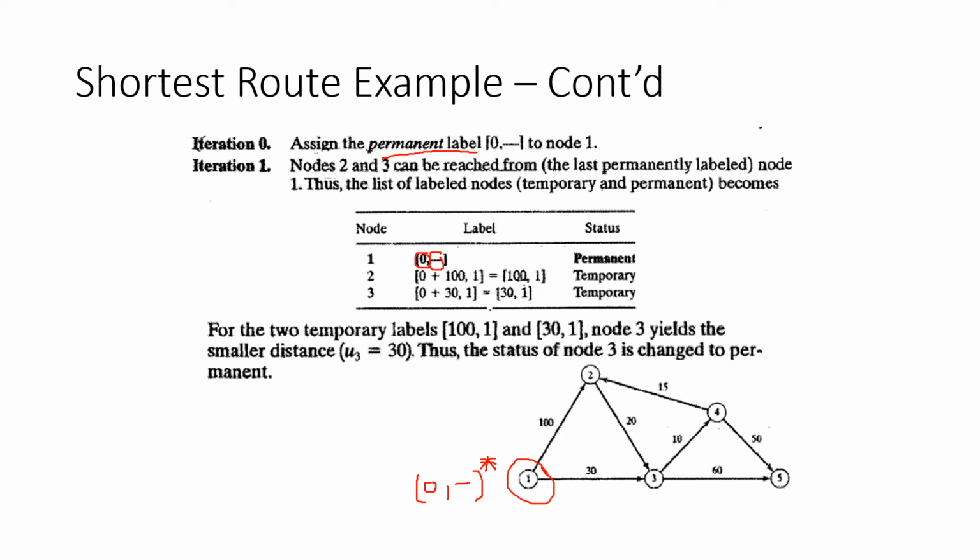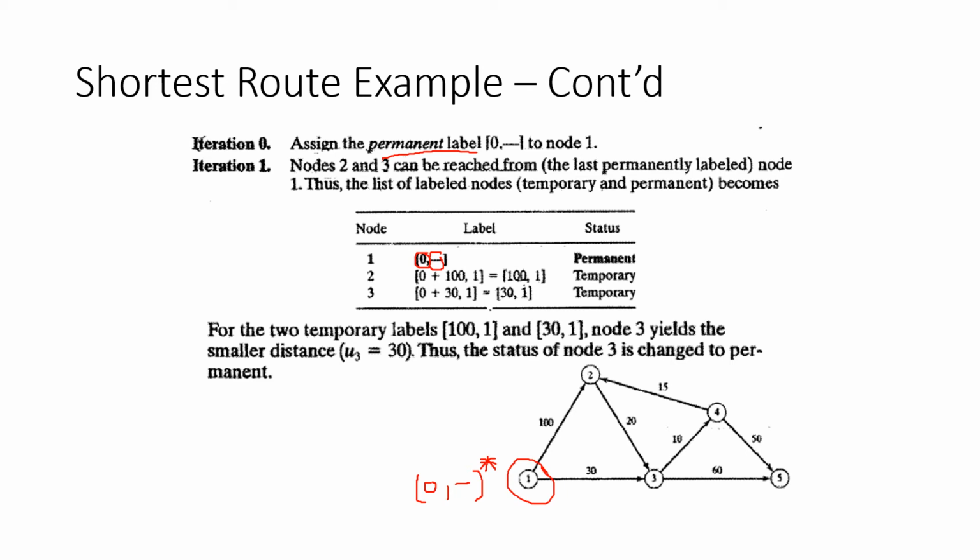In this case, there's a single permanently labeled node, which is node 1, and nodes 2 and 3 can be reached from node 1, and thus I see in this table that there are 2 labels defined for nodes 2 and 3. The labels are as follows.